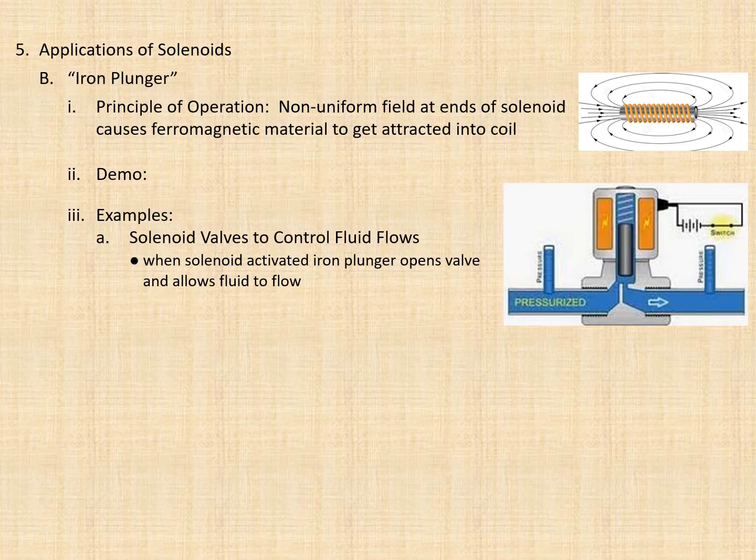But once that solenoid gets activated, that iron plunger gets drawn up, and it opens the valve and allows the fluid to flow. This very simple technology is used in dishwashers and washing machines and automatic sprinkler systems to control the flow of water.